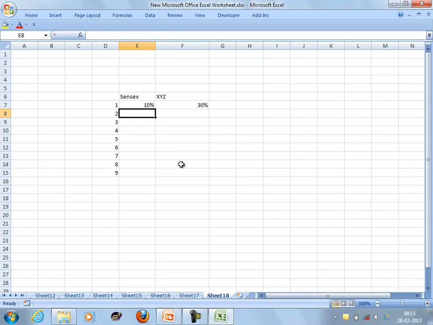Then Sensex, we'll start with this number. Then Sensex increased by 15%. This security increased by 45%. I'm just assuming random numbers.